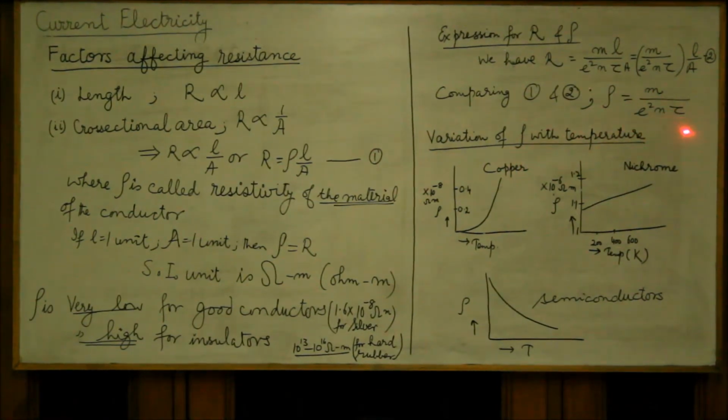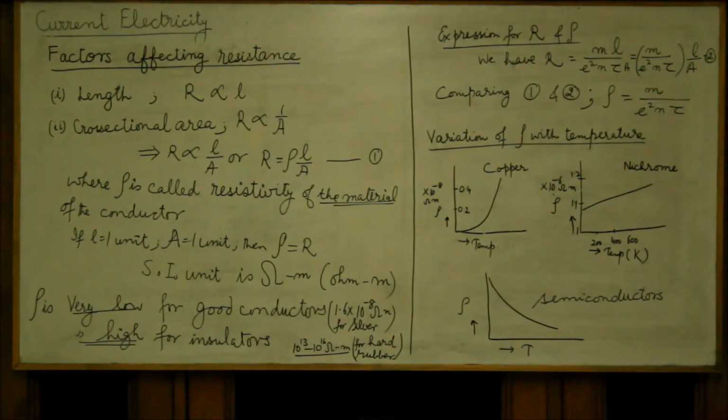A careful observation of this expression shows that there are two factors which may affect resistivity. One is n, the number of free electrons per unit volume. This value of n depends on the nature of the material, and the other factor is temperature, which affects tau.